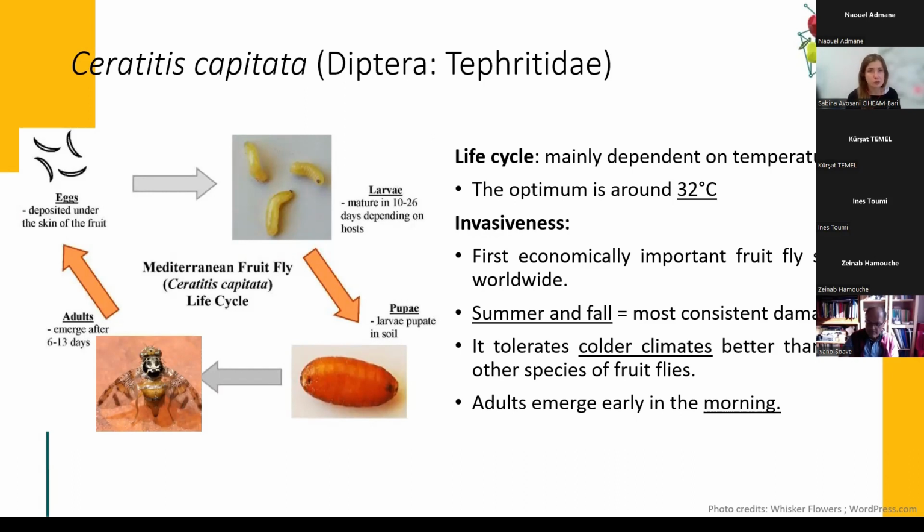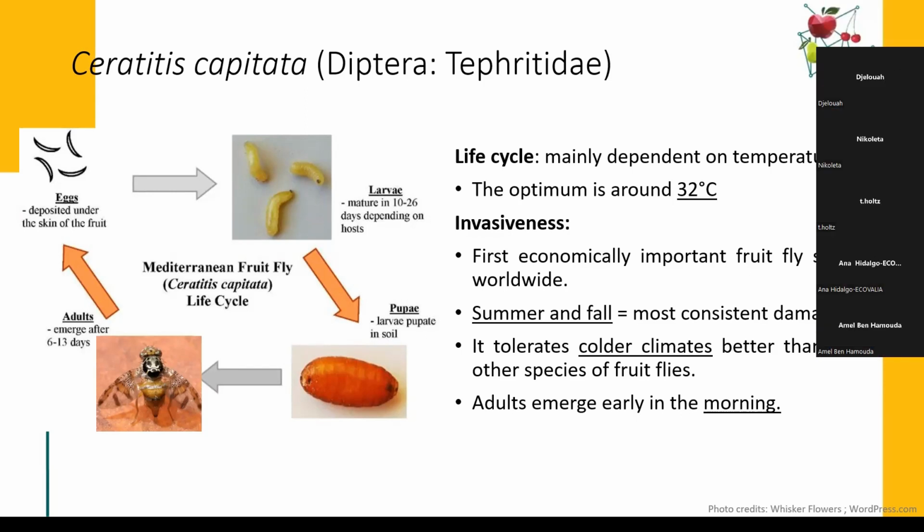It's due to its invasiveness, is the first economically important fruit fly species in the world. You will observe most of the damages in summer and fall. And given that it tolerates colder climates better than the other fruit flies, it spread in many countries.